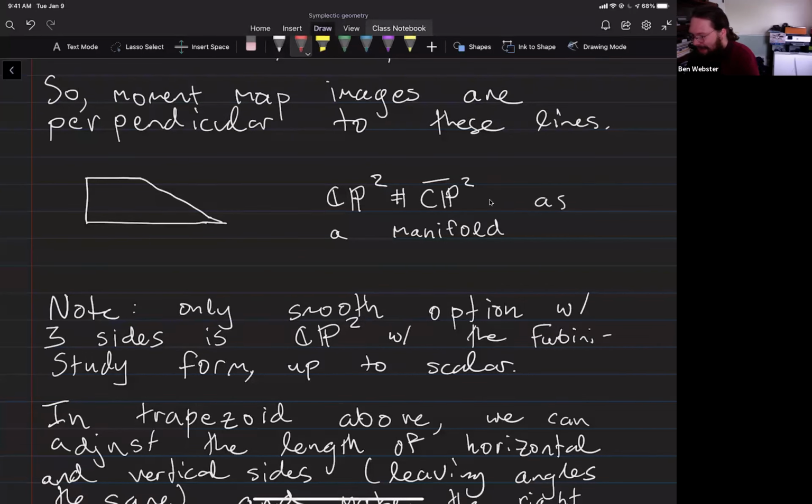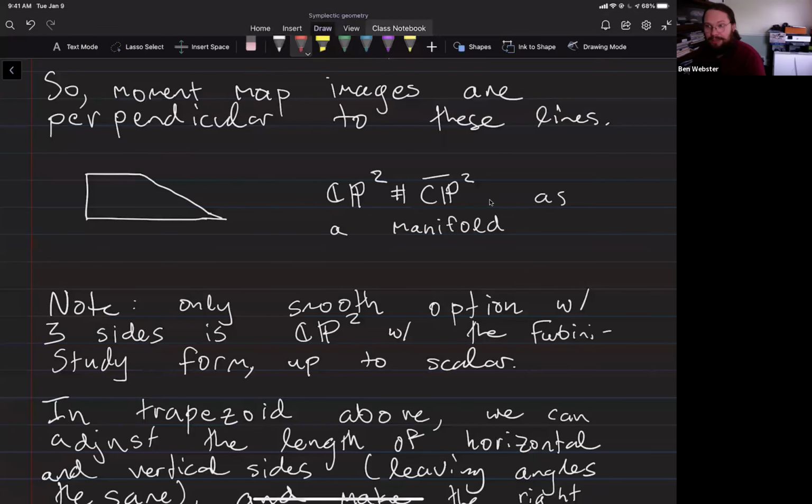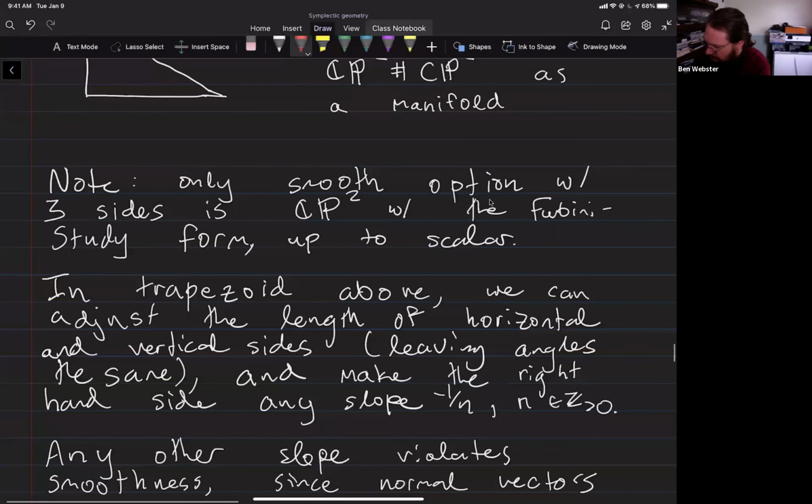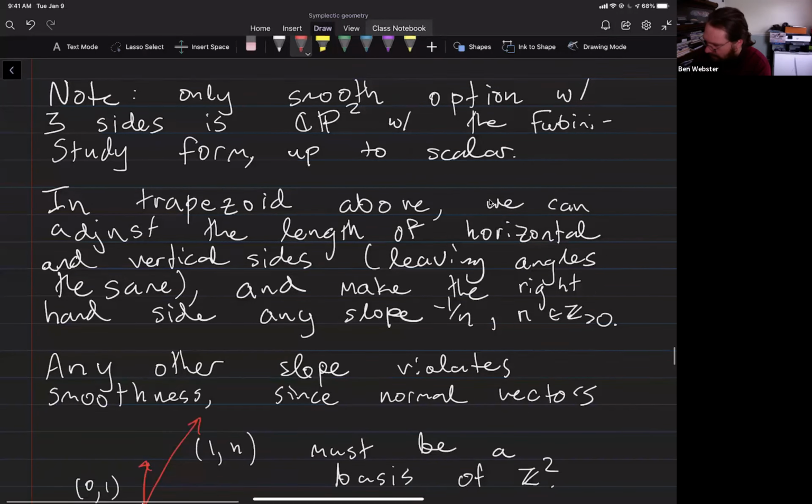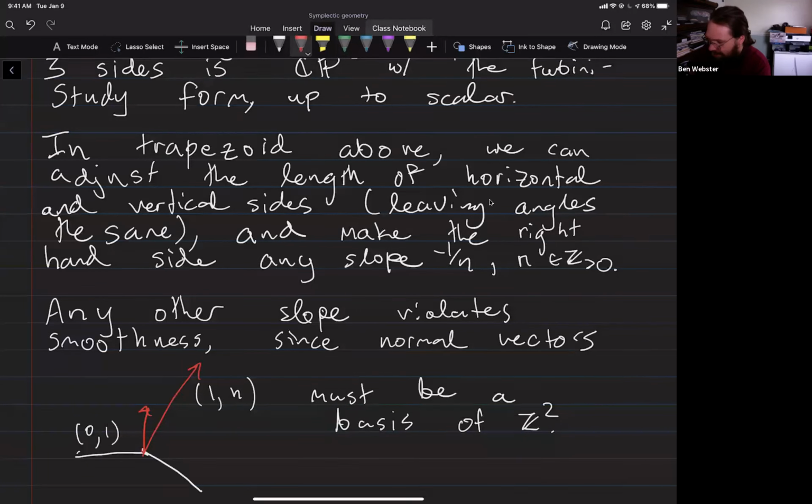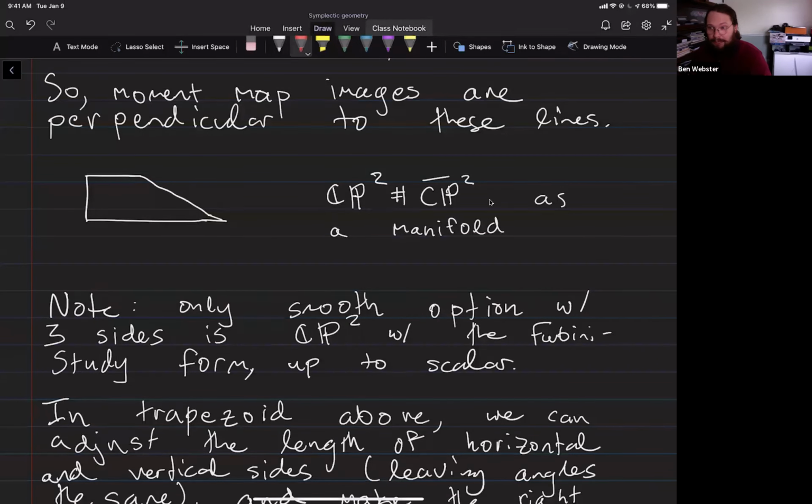So the manifold that comes out of this guy is always CP1 connect sum with CP2 connect sum with CP2 with the opposite orientation. Let's think about it: I just drew a picture here, but whether this picture is Delzant or not is going to depend on what the angles are, and in particular, on the slope of this guy.